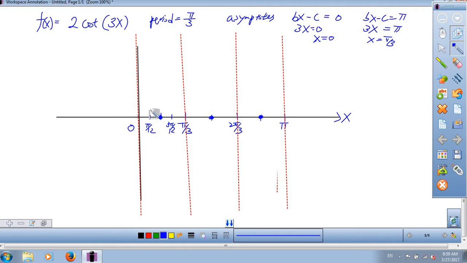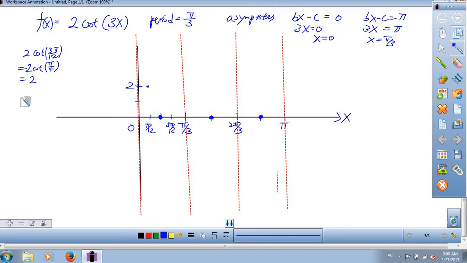How do I find out the actual value here? We can plug in. Let's do 2 cotangent of 3 pi over 12. The cotangent of 3 pi over 12, which reduces to pi over 4, is 1, so this is equal to 2. Let's mark that, 2.